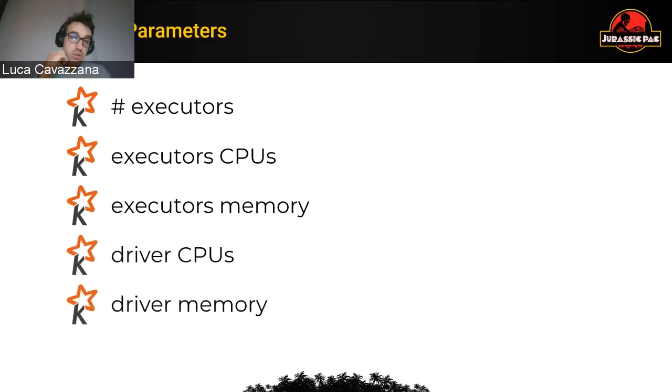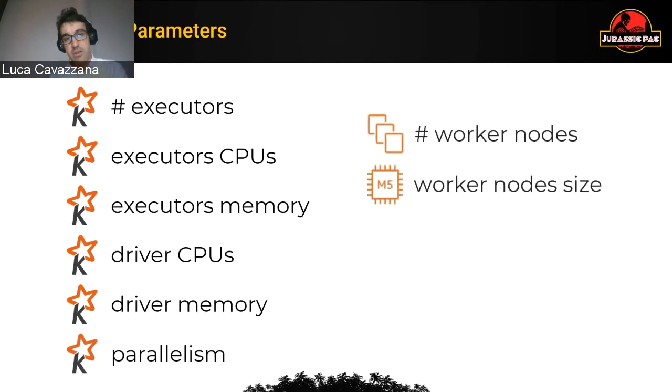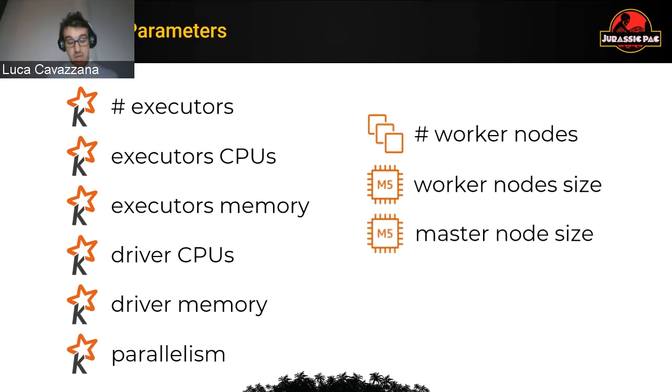We are going also to tune the CPUs and the memory for the driver program, which is the one that orchestrates the executors, the level of parallelism, which is the number of partitions the data set is going to be split into. And we're going to tune also the number of instances in this cluster and also their size, and also the size of the master node.